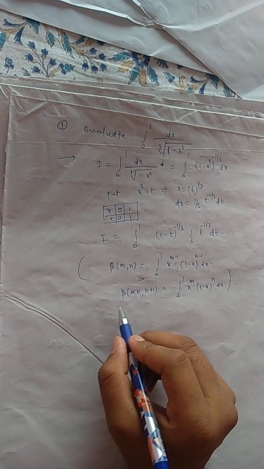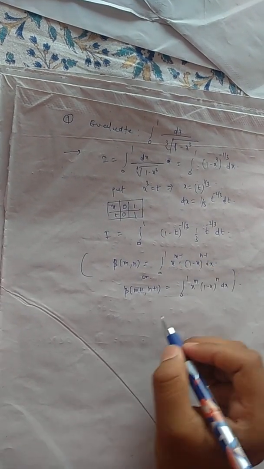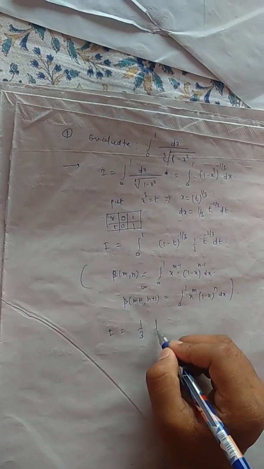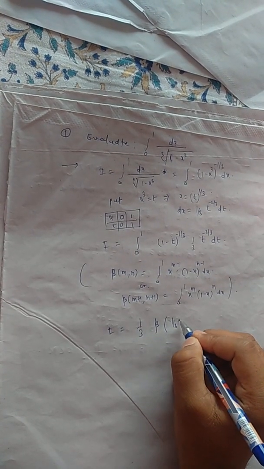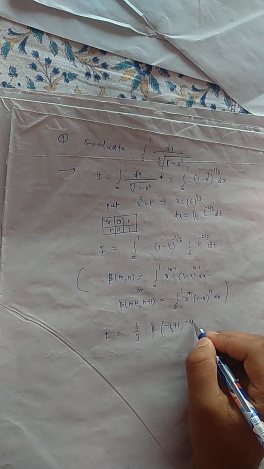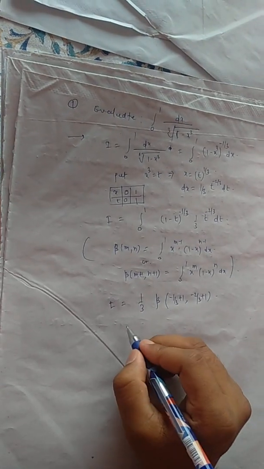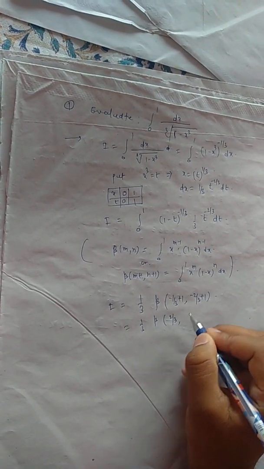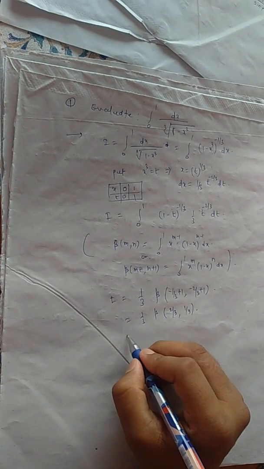So we are mostly using this one. So the value of this integral I is equal to 1 by 3 beta(minus 1 by 3 plus 1, minus 2 by 3 plus 1), and this is equal to 1 by 3 beta(2 by 3, 1 by 3).